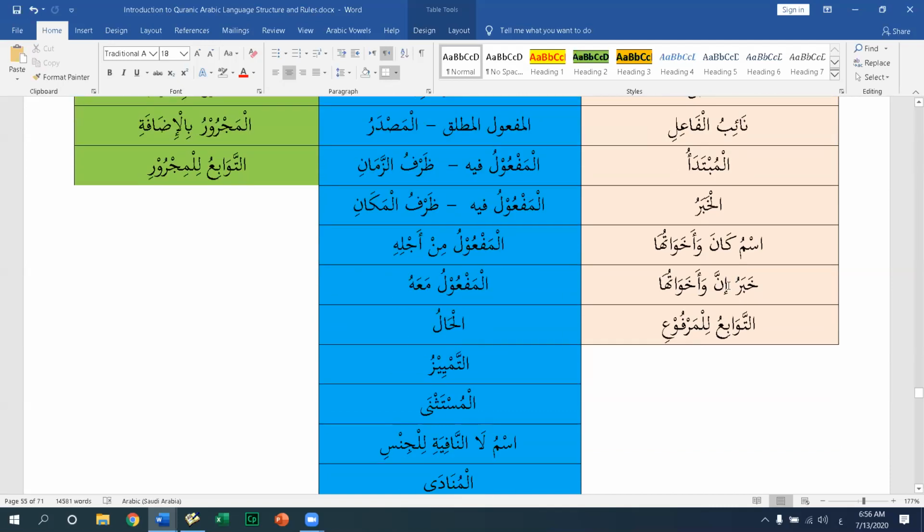Or also khabaru inna, the khabar of inna is marfu', wa akhawatuha, and the like of inna. And at-tawabi' al-arba'a, at-tawabi' lil-marfu', and we covered this already. This one we actually did cover before, because we talked about tawabi' al-arba'a. Actually, we talked about inna, khabaru inna, and khabaru kana before also, but we'll go over these briefly.